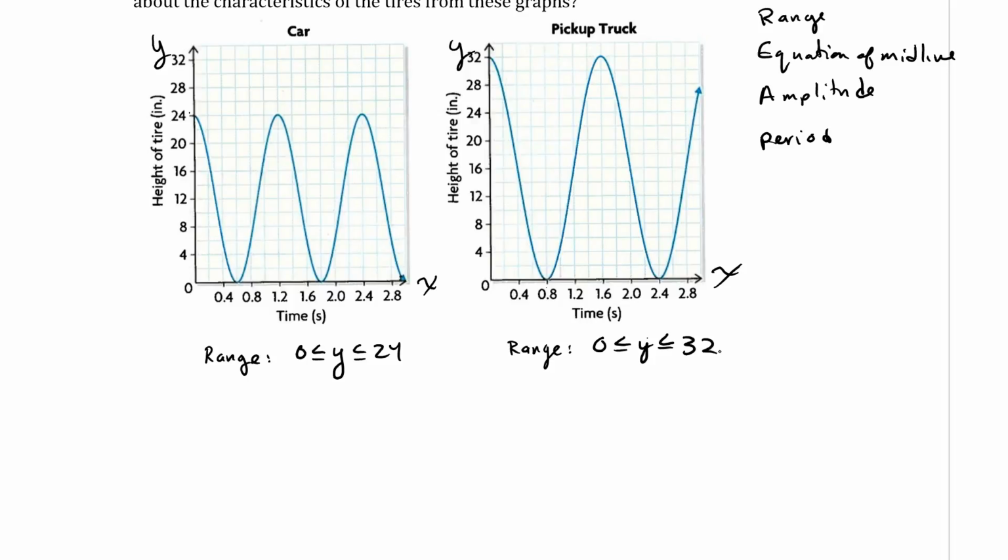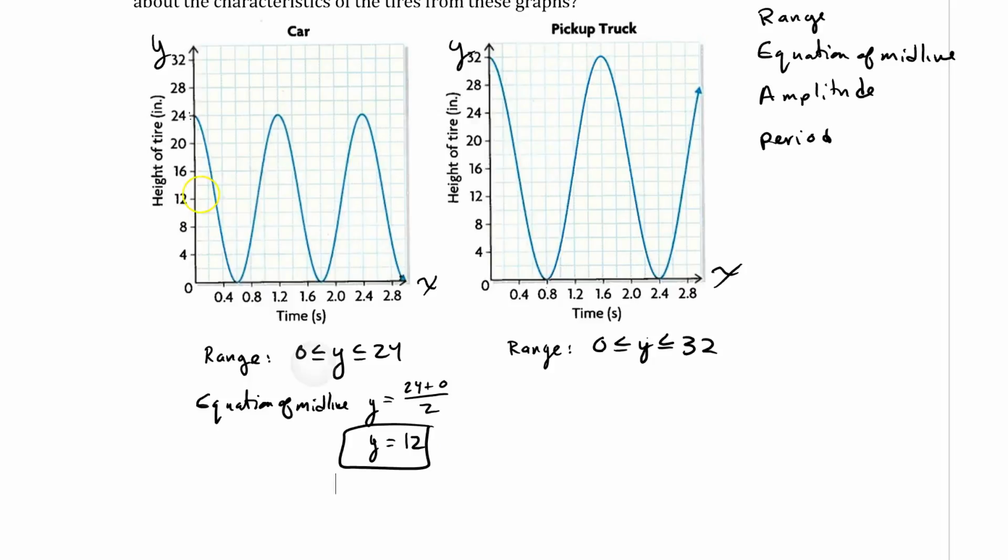Let's talk about the equation of the midline. So I have y equals maximum plus minimum divided by 2, 24 plus 0 divided by 2. So the equation of the midline is at 12.